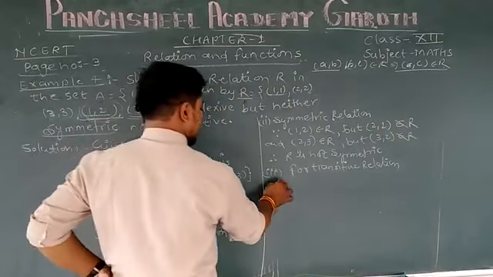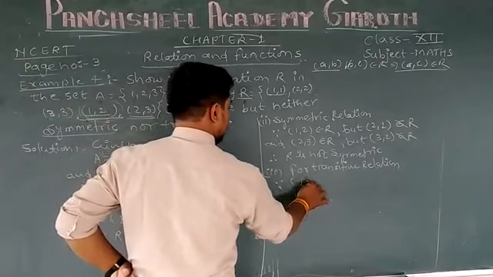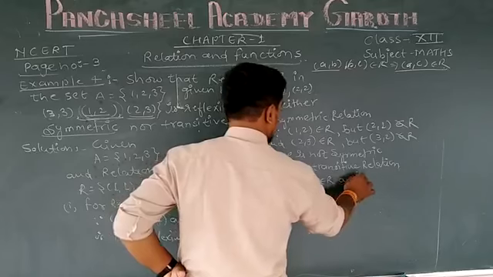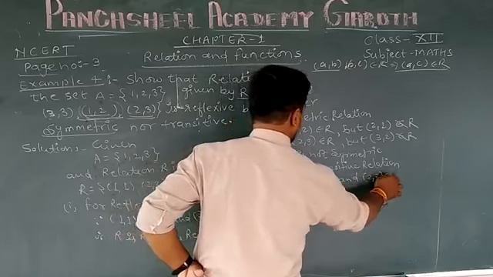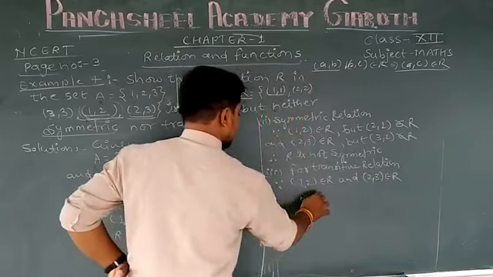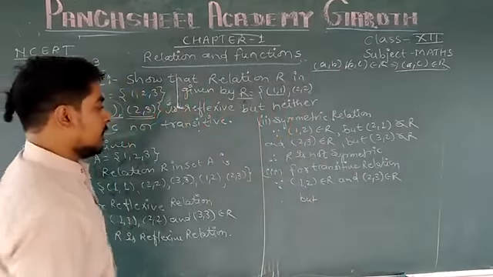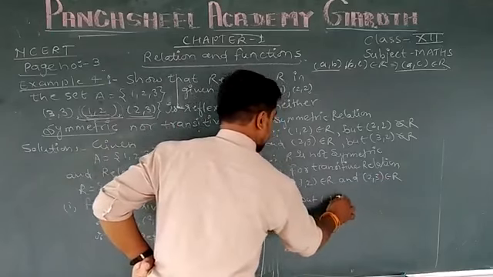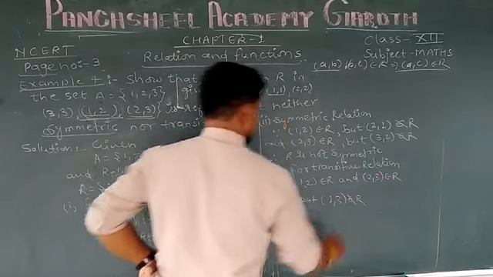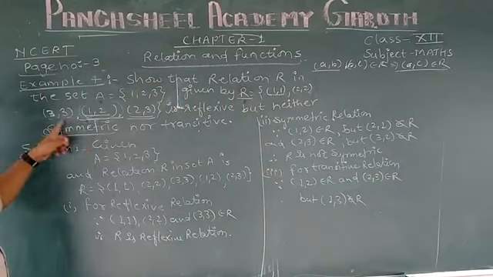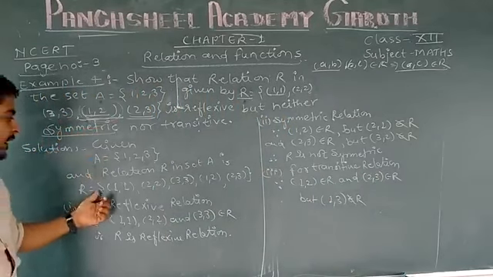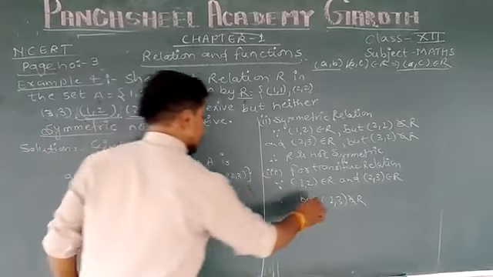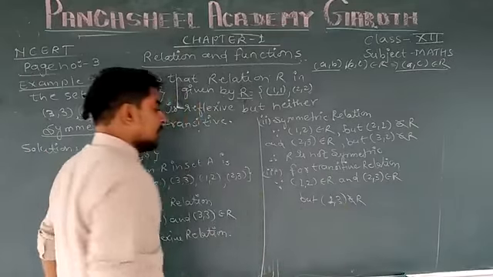So (1,2) belongs to R and (2,3) belongs to R, but the last pair (a,c), with a is 1 and c is 3, that is (1,3), does not belong to R. We can see that there is no ordered pair like (1,3) in R. Otherwise, it would be transitive.